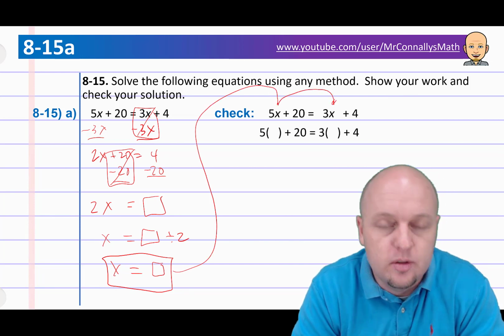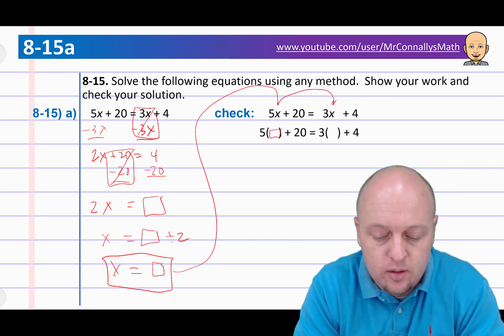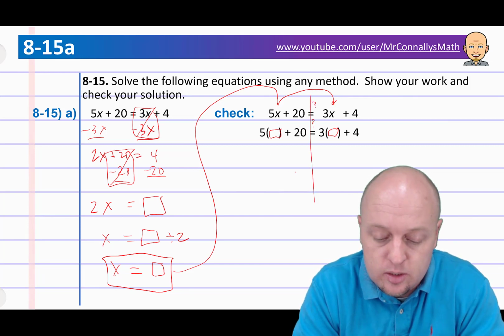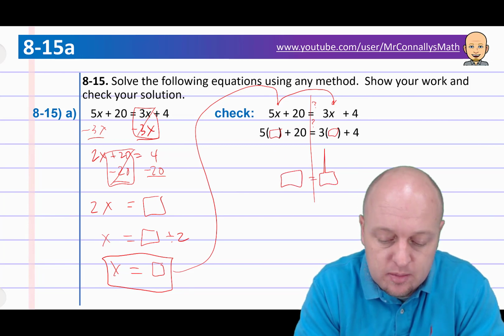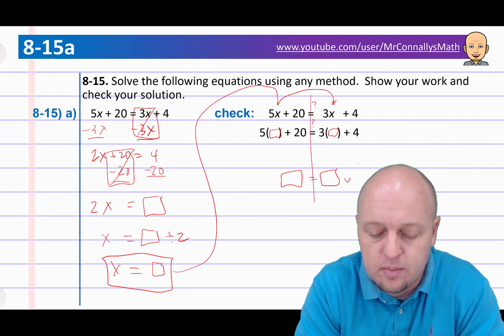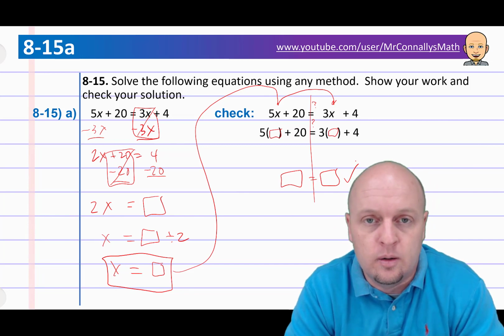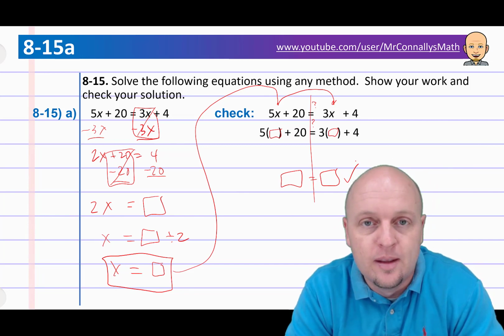All right, substitute that number into here and simplify the left side and the right side. We want to know if they're equal. They should be. So when you're done simplifying, the left side should be the same number as the right side. It won't be the same as your answer, but it will be the same number on both the left and the right if you did it correctly. Okay, so make sure you've done that.